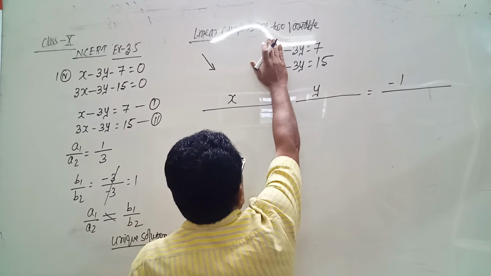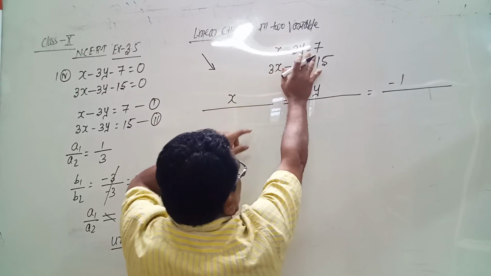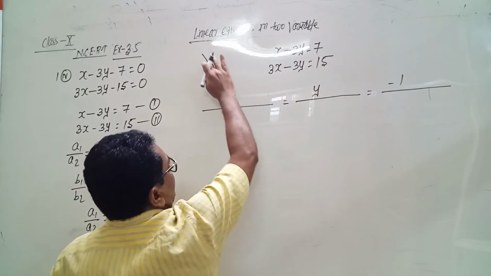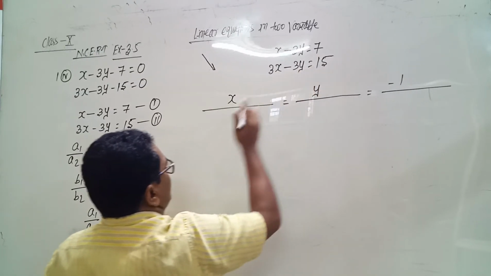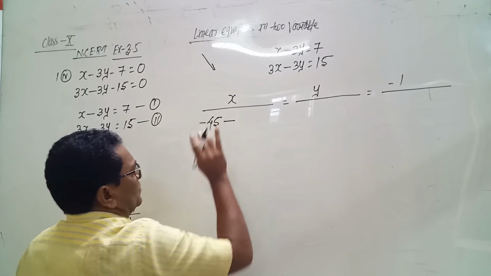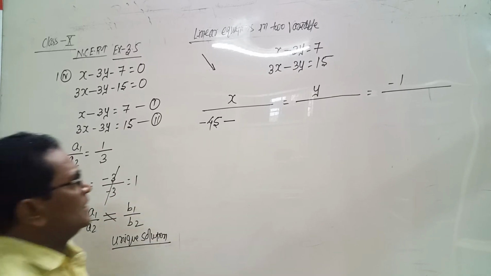So see the direction, minus 3 multiplied by 15, minus 45. Put the minus sign. Minus sign comes from the formula.